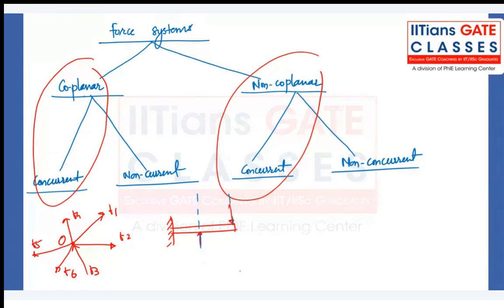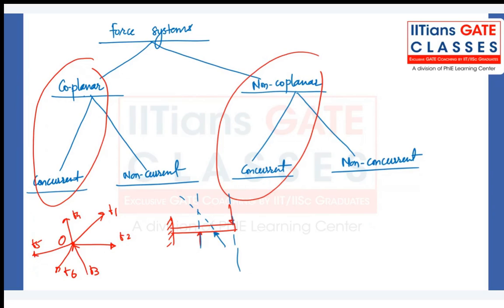Even if I apply some kind of force like this, it's not possible that all three are passing through a single point, because they are acting at different places with some offset. So whenever the forces are not passing through a single point, we call it a non-concurrent force system.